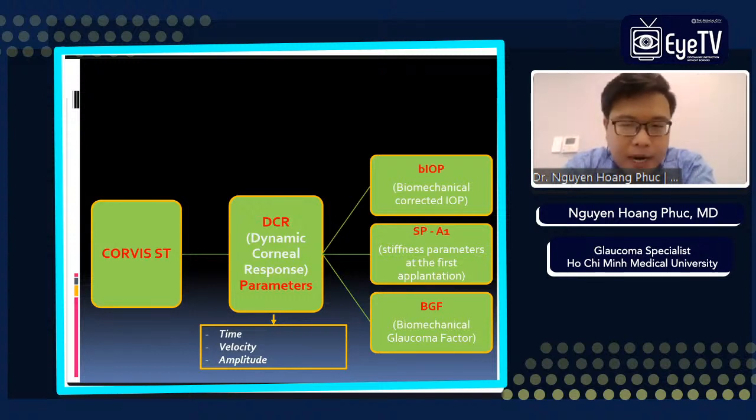They measure the DCR parameters, the dynamic corneal response parameters, in three terms: the time of deformation, the velocity of deformation, and the amplitude of deformation. And for easier application in clinical practice, they created three parameters. We call them DIOB, SPA1, and BCF. And in the next slide, I will explain how it works.